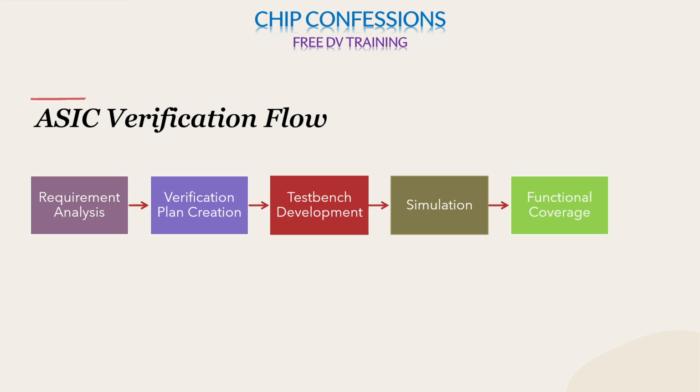If we have tested 70 out of 100, we can say 70% of verification is done. This functional coverage tells us how much verification is done. It also helps us identify whether we are missing any features, or any corner cases to be included, or any additional test cases that are needed. Everything will be guided by this functional coverage.